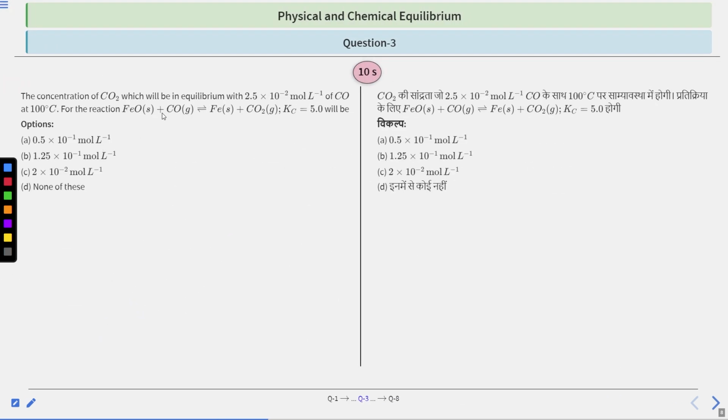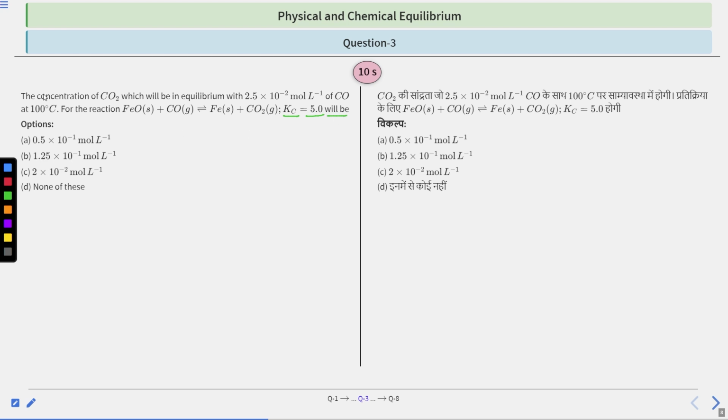The concentration of CO2 which will be in equilibrium with 2.5 into 10 to the power minus 2 mole liter inverse of carbon monoxide at 100 degrees Celsius, for the reaction FeO plus CO will give you Fe plus CO2. The Kc is given as 5.0.